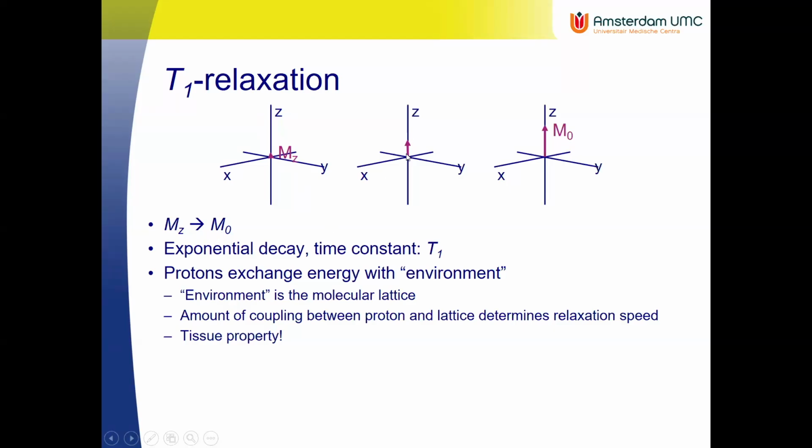We're going to look at that vertical MZ component separately now. And then we see it grows back to the equilibrium state, back to M0. The growth is exponential, and it has a time constant which is called T1. It happens because the protons exchange energy with the environment.